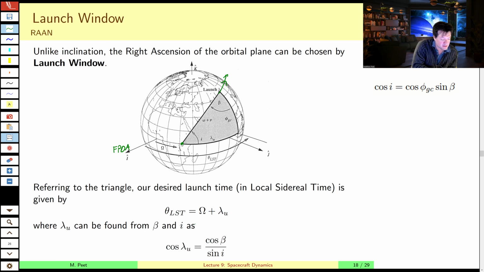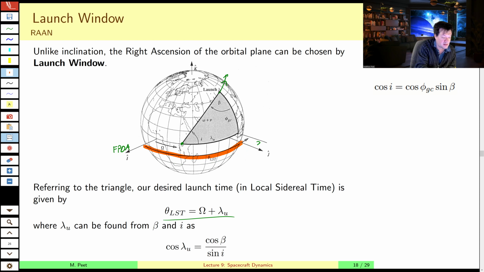In any case, this point is determined by the time at which you launch, because the local sidereal time gives you the angle that your local time makes. Here, I just crossed out local sidereal time. Actually, I'll just highlight that.